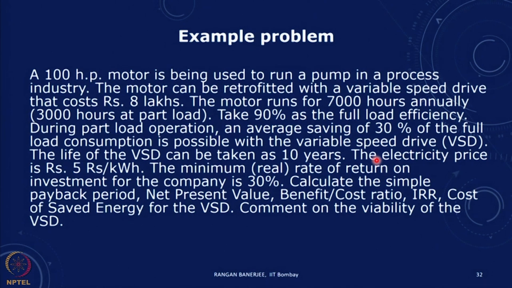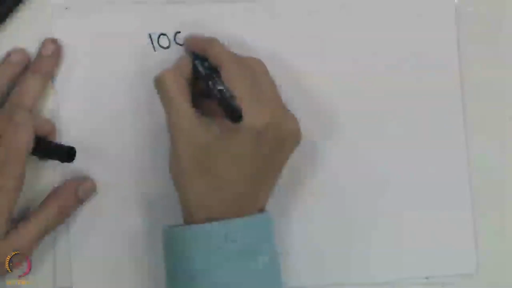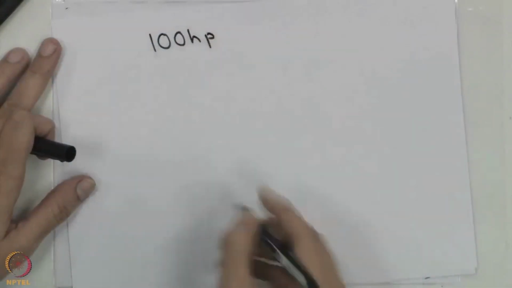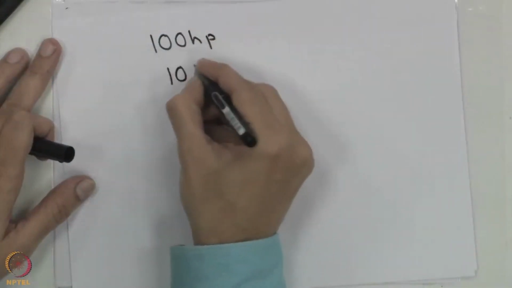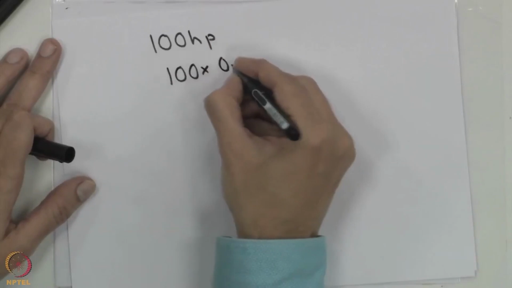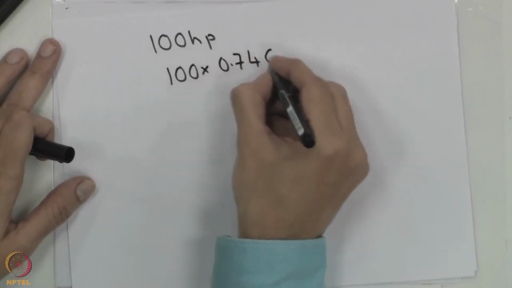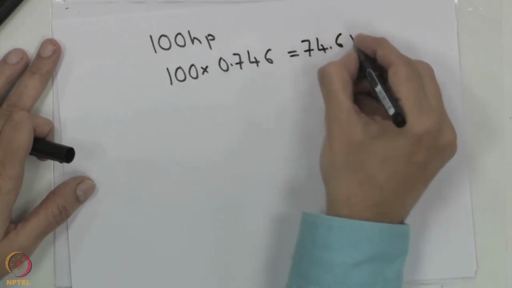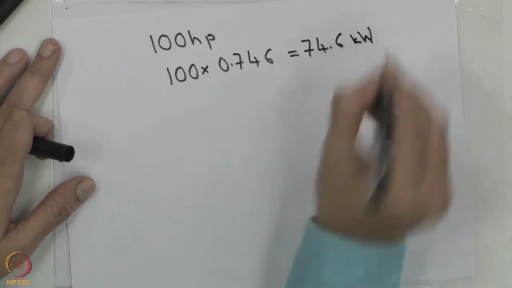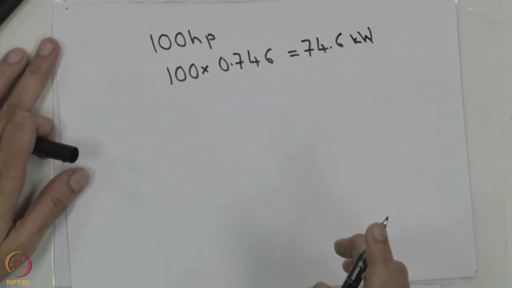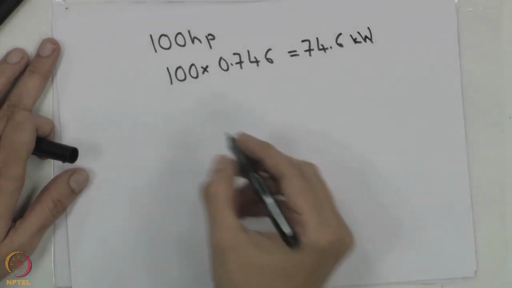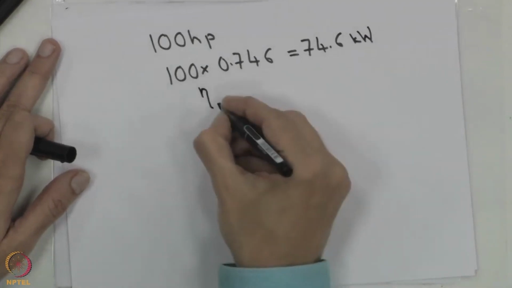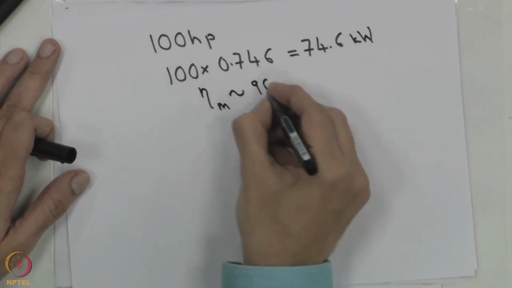And so let's start by looking at, if we are talking of 100 horsepower, that will be 100 times 0.746, that is 74.6 kilowatt is the full load rating of the motor. The efficiency of the motor is 90%.